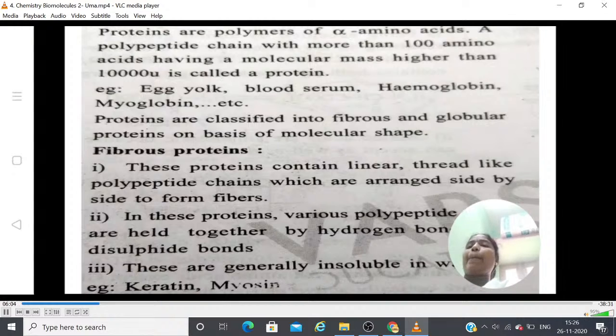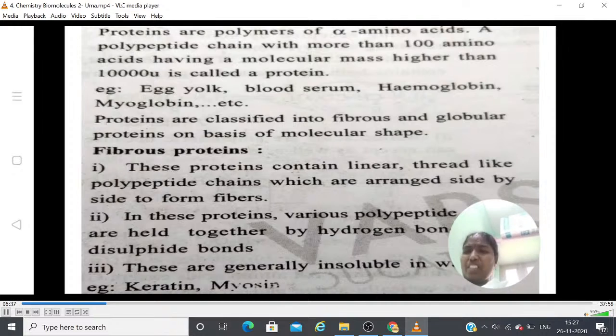A polypeptide chain with more than 100 amino acids, having a molecular mass higher than 10,000 units, is called a protein. Again I repeat, proteins are polymers of alpha amino acids. A polypeptide chain with more than 100 amino acids having molecular mass higher than 10,000 units is called a protein.